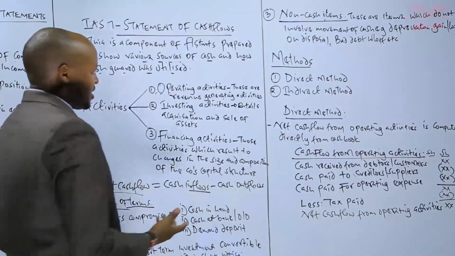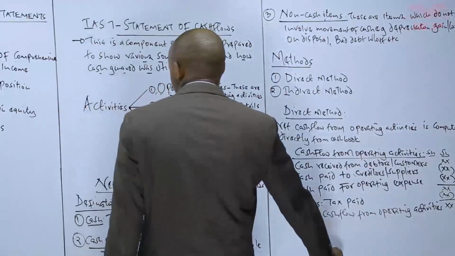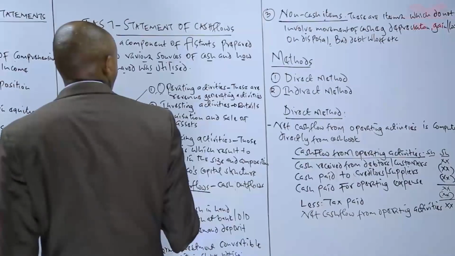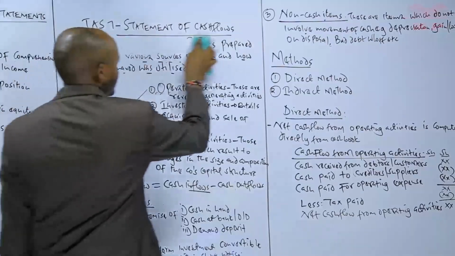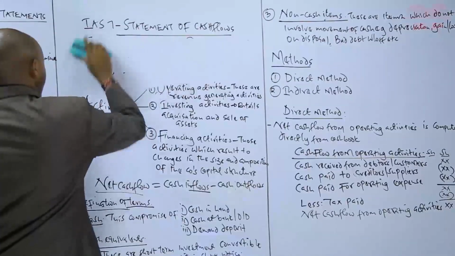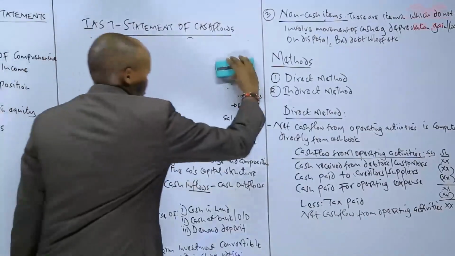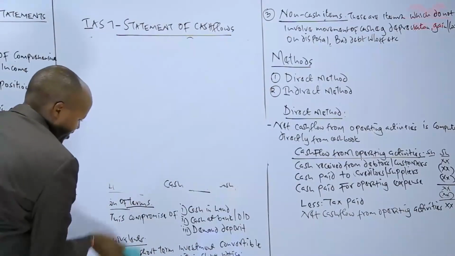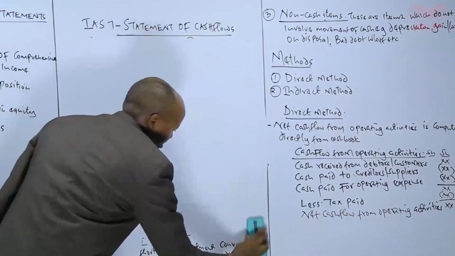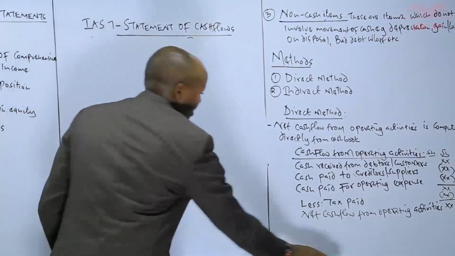Now, under the other method, that is the indirect method, in terms of how we compute the cash flow from operating activities, we are supposed to adjust our profit with various items, usually 3 items. You are going to look at those items.